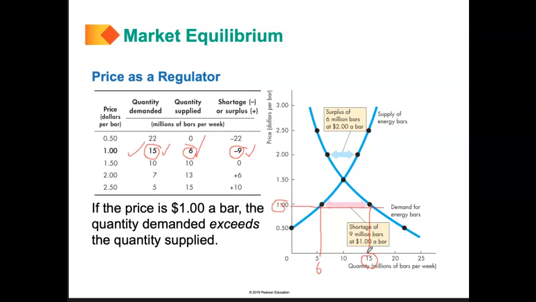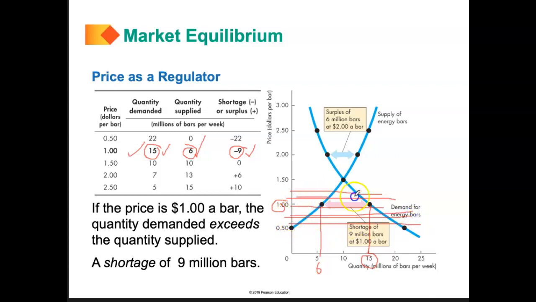So there's a shortage of 9 million energy bars, or you can just say 9. Every time price is below the market equilibrium, there's always going to be a shortage, because quantity demanded is always going to exceed quantity supplied.